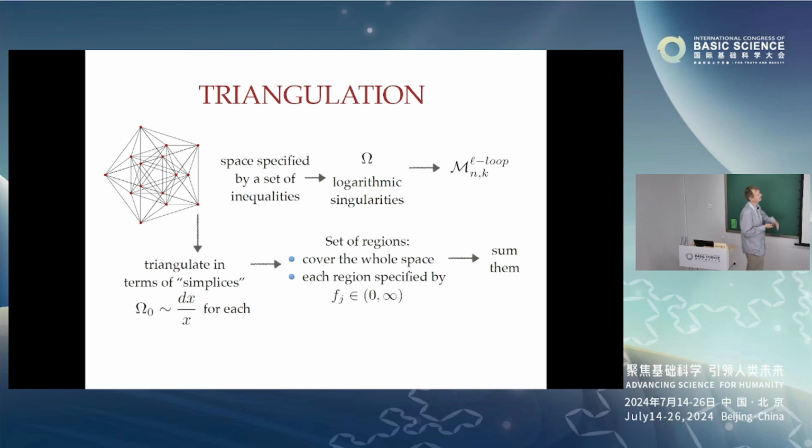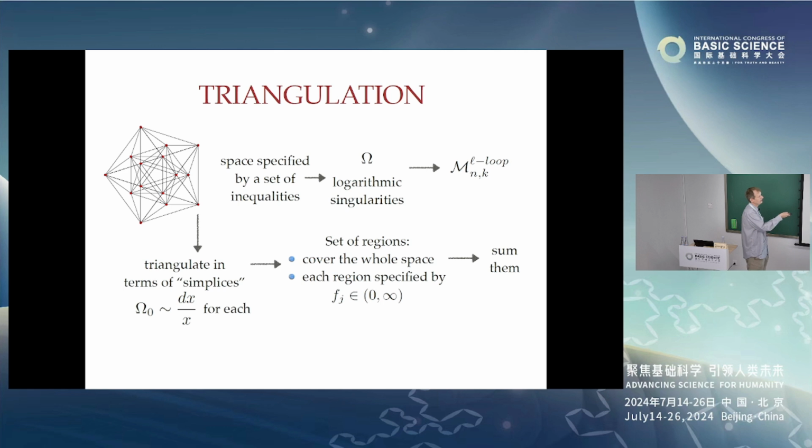Okay, so let me just say what the problem here is. We do have the definition of the geometry. It's some space defined by inequalities in some parametrization, which parameterize these kinematical variables. And once we triangulate it, we would like to calculate the differential form on this space, and that would be an amplitude. So the only way we know is to triangulate it into simple pieces where the differential form is trivial.